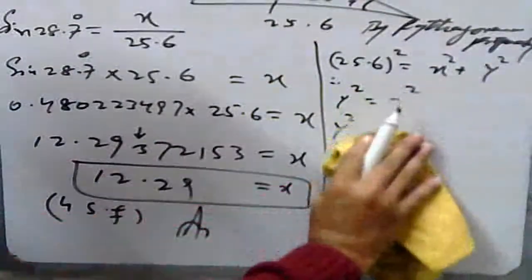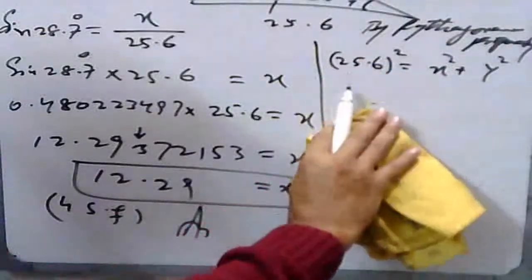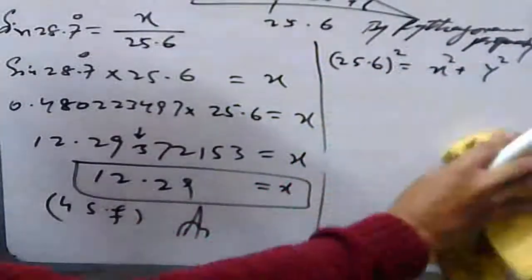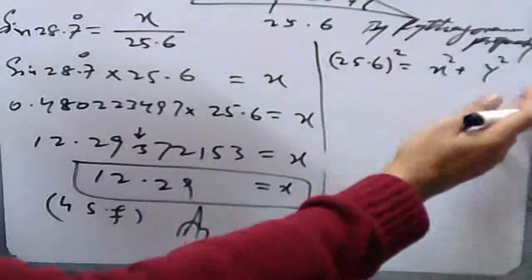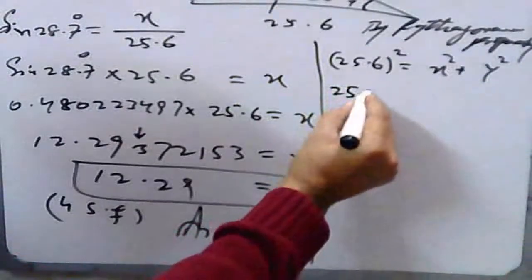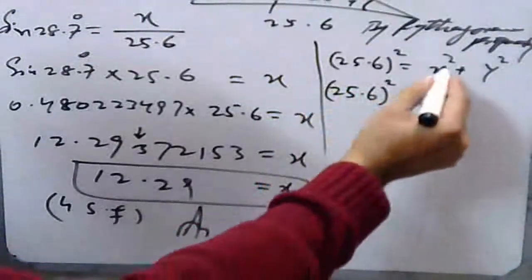We need y, so shift this x here. It means we have drawn a little bit confusingly here, because our equation is not according to the requirement.